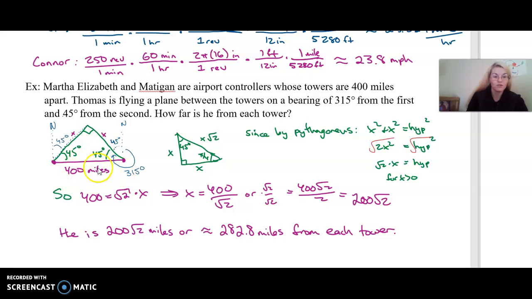So if 400 miles is equal to x times rad 2, right, then x is 400 divided by square root of 2, or when I rationalize my denominator, I get 200 rad 2. So he's exactly 200 rad 2 miles, or put it in your calculator, it's about 282.8 miles from each tower, because he's the same distance from each tower in this example.